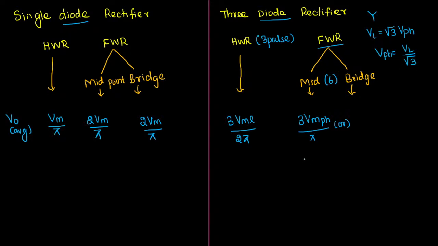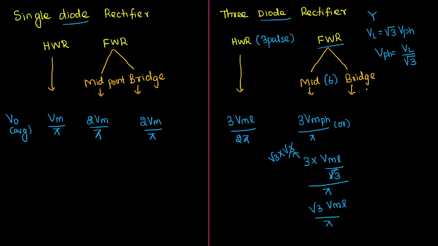So 3 times the maximum phase voltage can be written as maximum line voltage upon square root of 3, divided by pi. Now you all know 3 can be rewritten as root 3 into root 3, so one root 3 will cancel out. Finally, this value can be written as root 3 times the maximum line voltage upon pi. So this is the formula for the full wave 3 phase diode rectifier. But this is midpoint, don't forget.